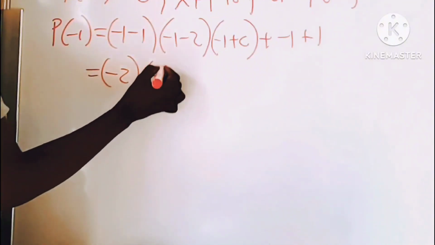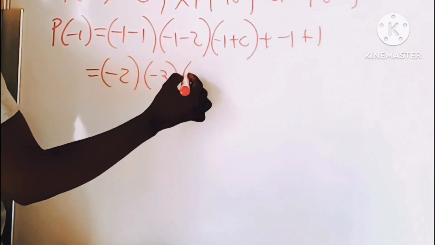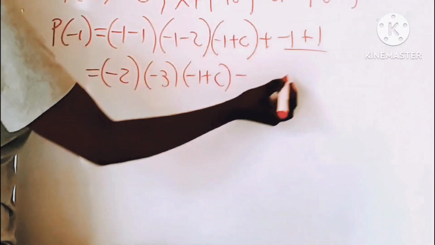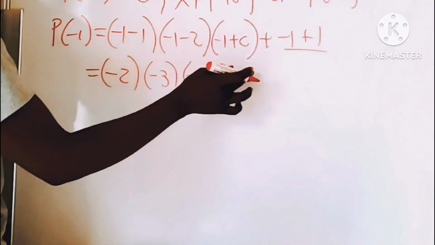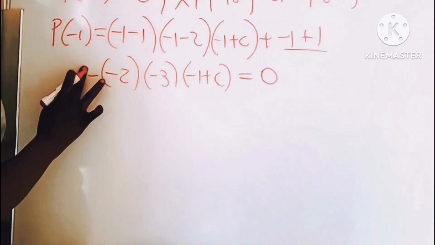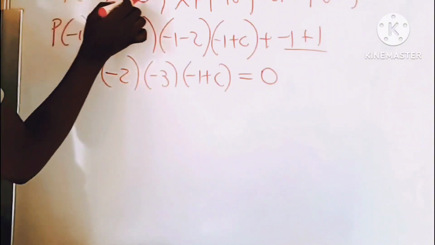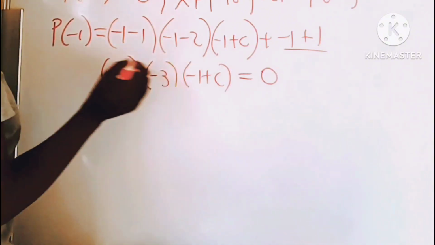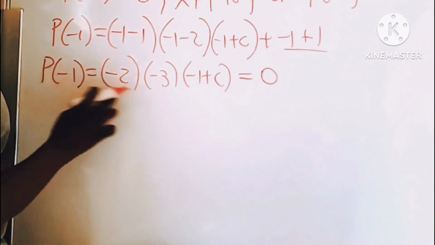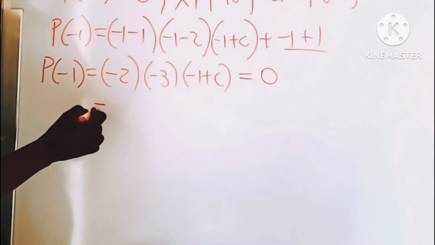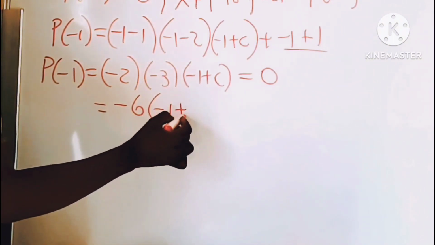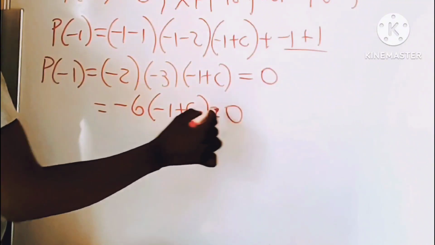That is -2, -3, into -1 plus C, and this will give us 0, because P of -1 is equal to 0. Now -6 into -1 plus C is equal to 0.